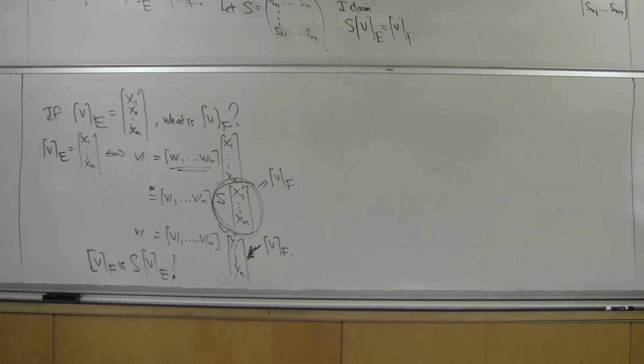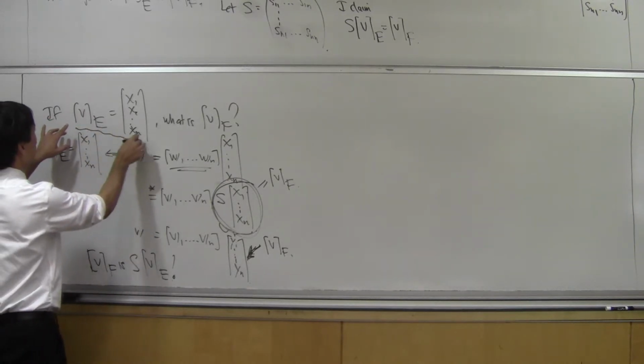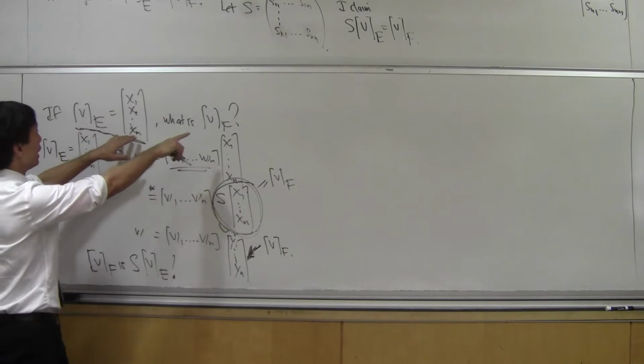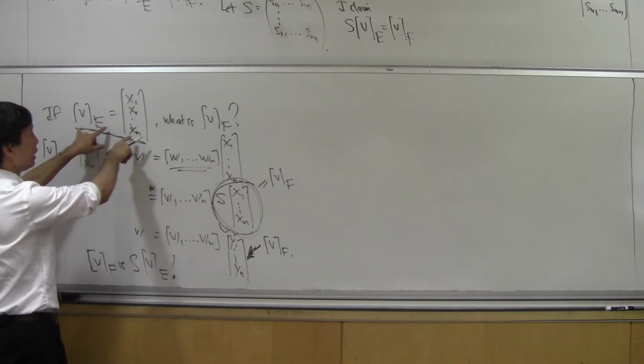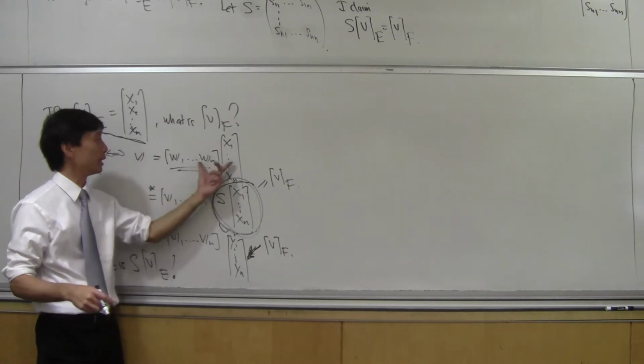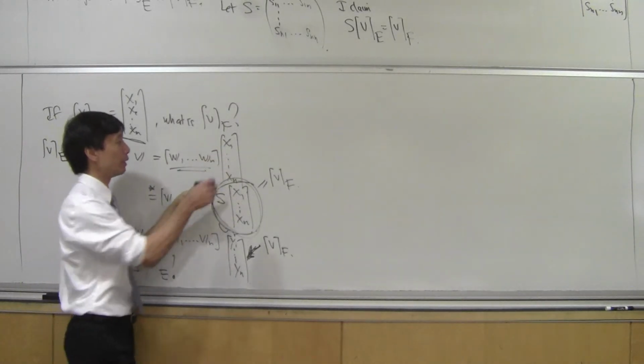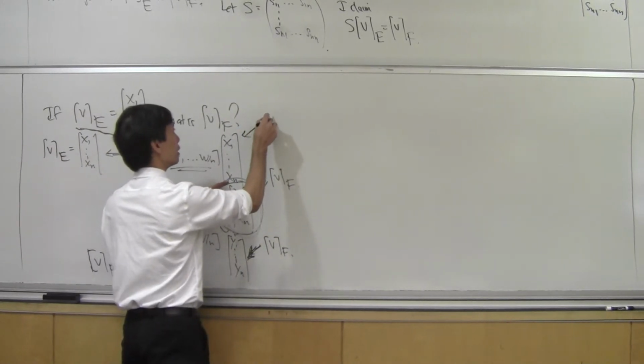We have VE, and we want VF. Well, VE is the coordinates that we use to express V as a linear combination of the W's. This guy here is VE.